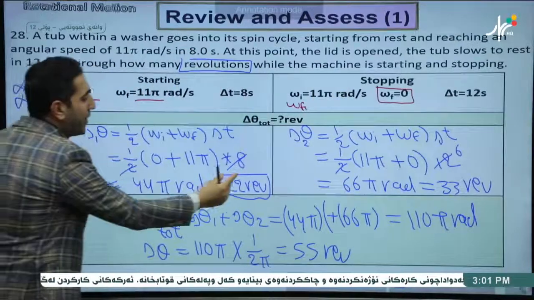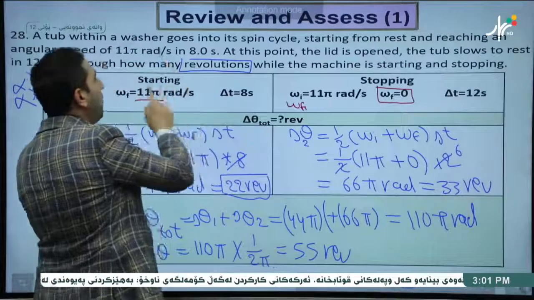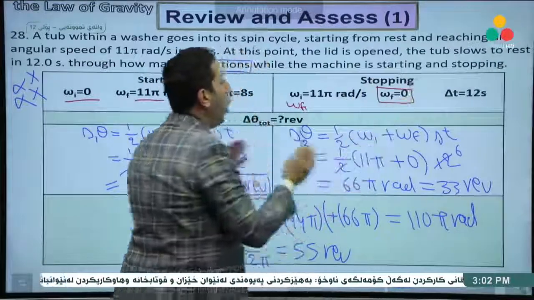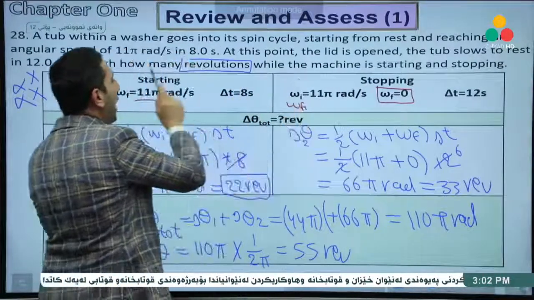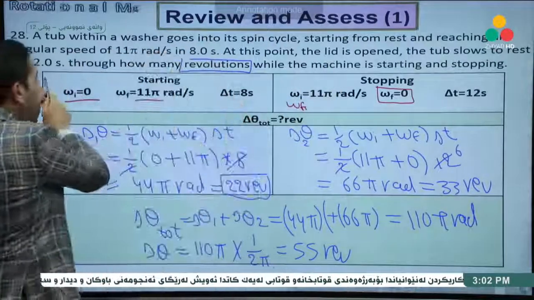How many revolutions while the machine is stopping, or how many revolutions during 12 seconds.